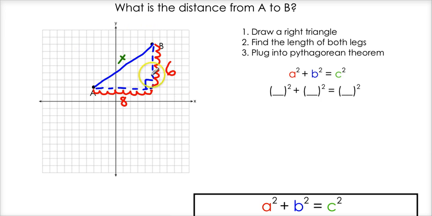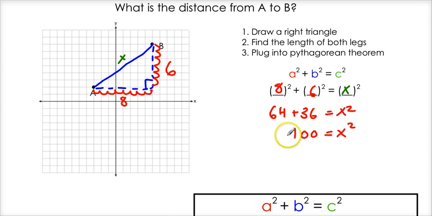Now that I have a right triangle with 2 sides and a missing hypotenuse, I could just plug this into the Pythagorean theorem. So a is going to be 8, b is going to be 6, and our hypotenuse, and that's always going to be the distance between the 2 points, is our x. Let's do some math. 64 plus 36 is equal to x squared. Add these together, we get 100 is equal to x squared.